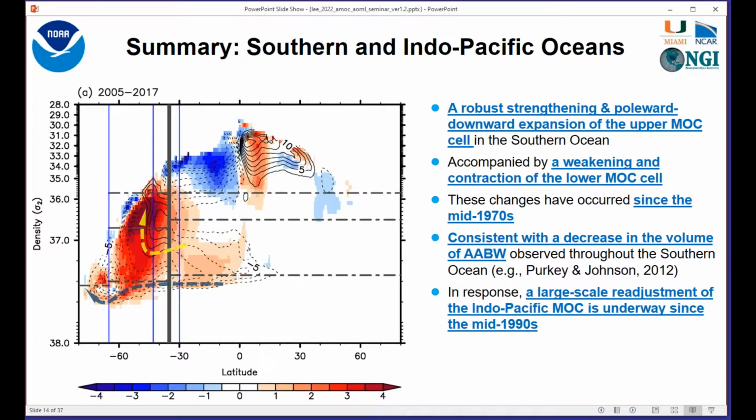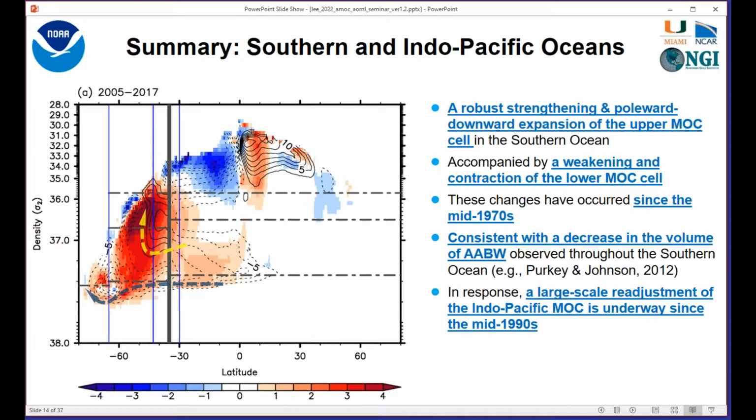That seems to have started in the mid 1970s, and that is of course consistent with the decreases in the volume of the Antarctic bottom water that was observed throughout the Southern Ocean by Purkey and Johnson and other studies.